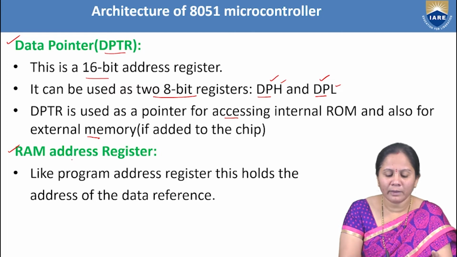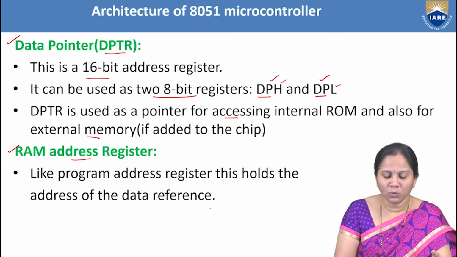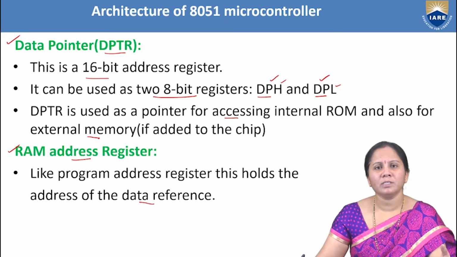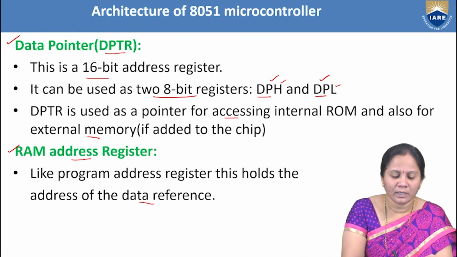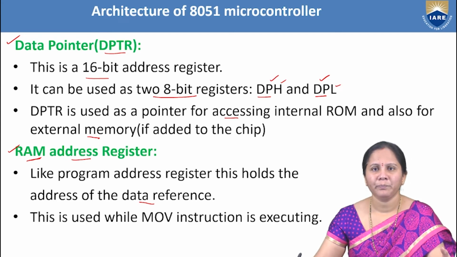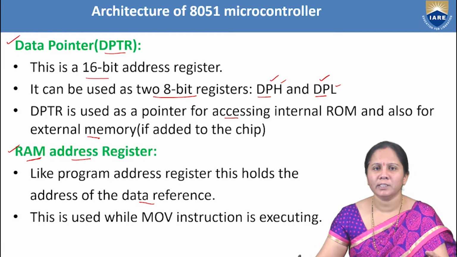Similarly here, the RAM address register is a register which holds the address of the data reference, because ROM will be holding the program, whereas RAM will be called data memory. That is why it will be handling the data. This is used while a move instruction is executing, because this is a data transfer instruction.